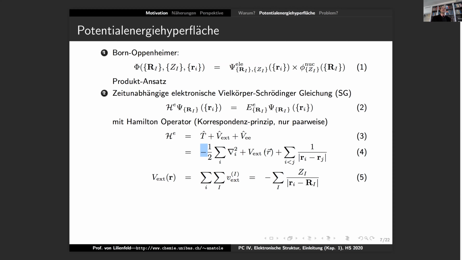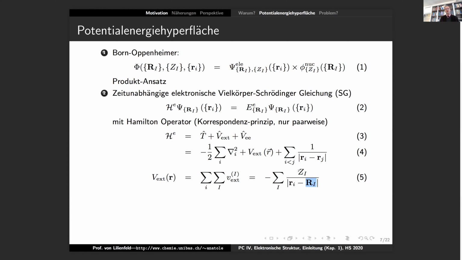Here in front of the kinetic part, and in the external potential, what is this? This is the term that lets your electrons interact with the nuclear charges. So this is the term where you sum over your nuclei, capital I, and you have to do this for every electron. So you also sum over the small i, and every electron is at a distance from some nucleus capital I, and the interaction, of course, the bigger the nuclear charge, the more the electron gets attracted to it.